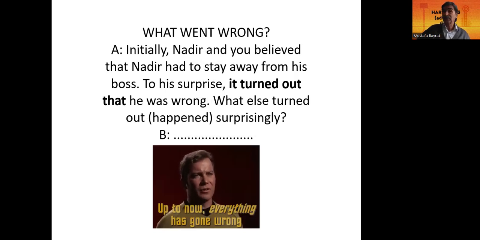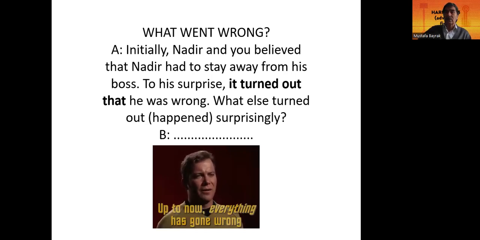What went wrong? Initially, at the beginning, Nadir believed that he had to stay away from his boss. To his surprise, it turned out that he was wrong. What else turned out surprisingly?